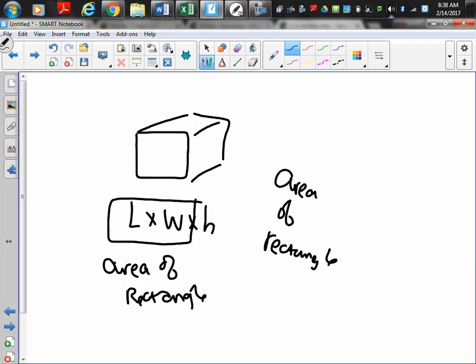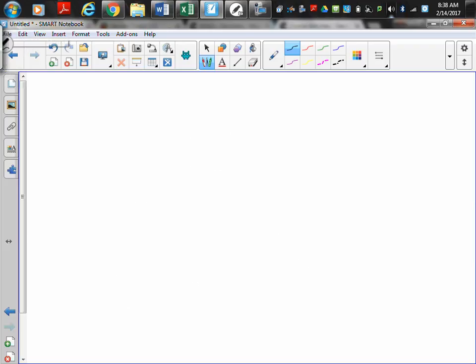I wonder if that would carry over into a cylinder. Yep. So we took the area of the rectangle times how tall it was. Alright? So let's do a cylinder.